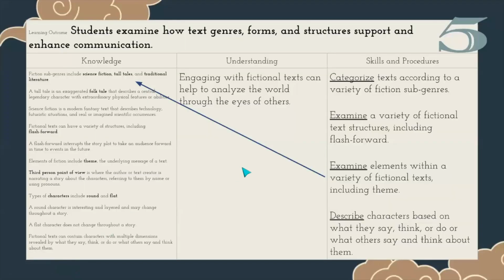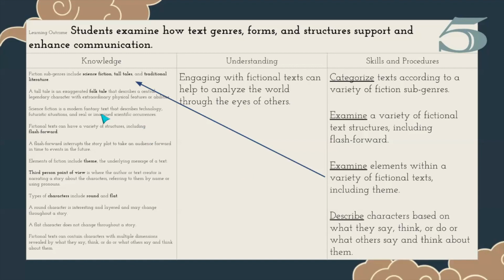In grade 5, we are now switching things up a little bit, and we're including flash forward in our text structures. And the fictional texts that we're looking at include science fiction as a genre, tall tales, and traditional literature. Well, tall tales happen to be a type of traditional literature, so I've kind of been clumping those together.